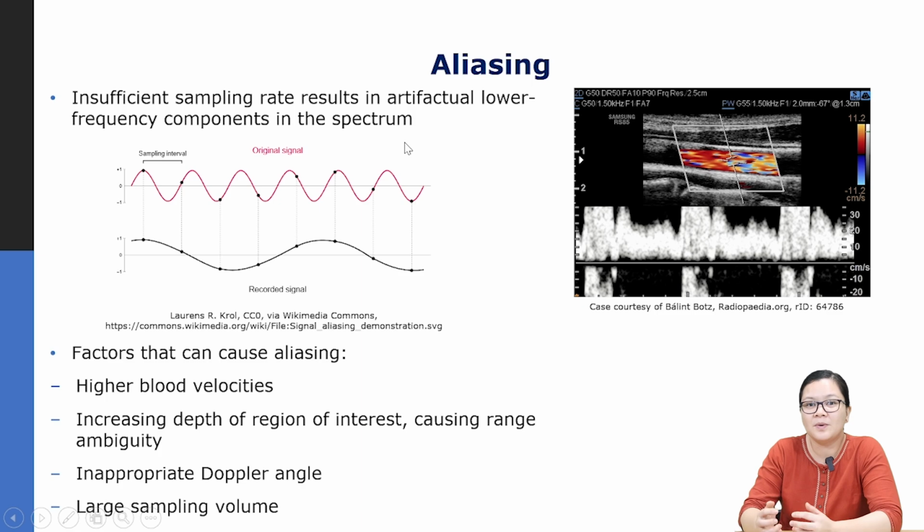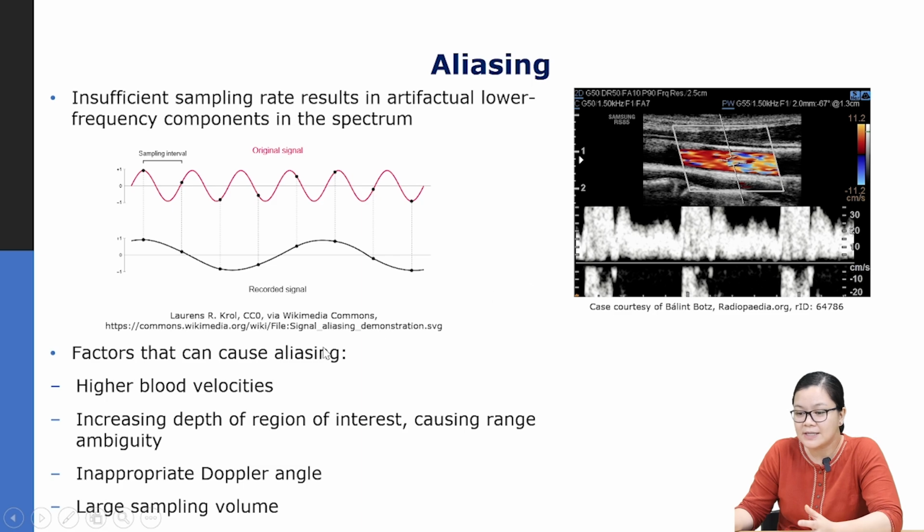Now both the pulse Doppler as well as color Doppler are affected by aliasing because they're dependent on the pulse repetition frequency of the imaging. Insufficient sampling of the signals can result in aliasing artifacts where there could be some lower frequency components that get registered into the spectrum.